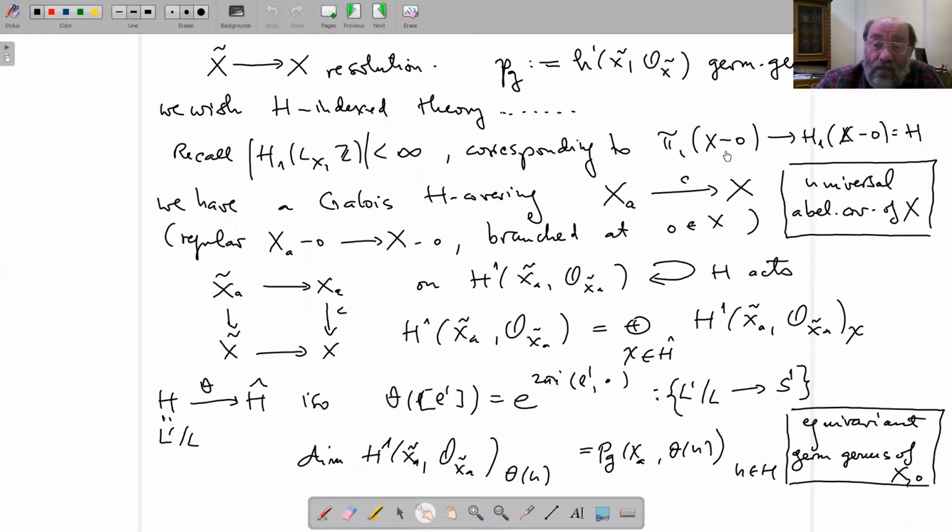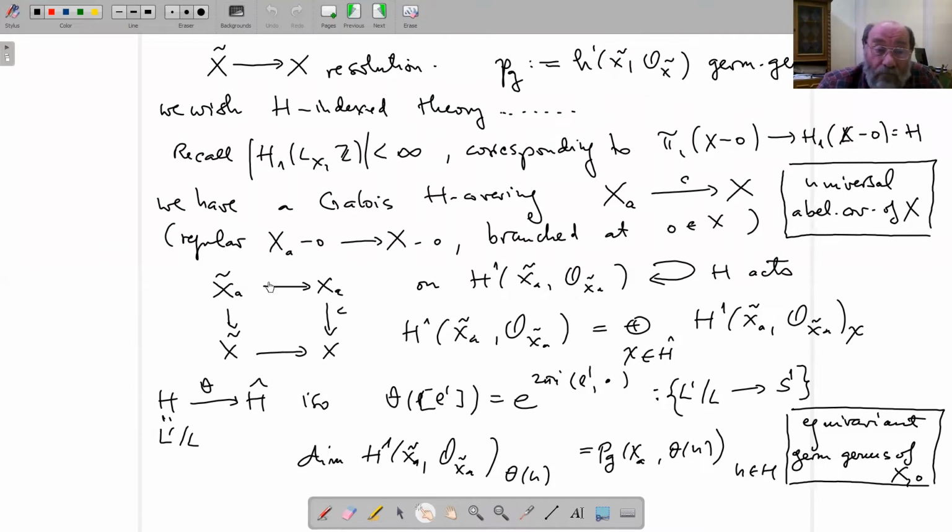By classical theorems, that can be extended to a singularity. So we have a normal surface singularity, X^A, a Galois H covering of X, which is a regular covering on the regular part and branched at the origin. That is also irreducible, and we have a local singularity, the universal abelian covering, with a Galois H action.